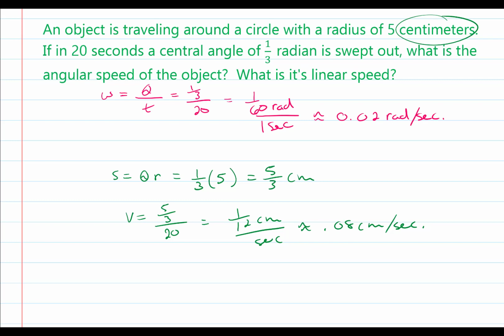I divide those and get 1/12 of a centimeter per second, and then I can divide that again to get 0.08 centimeters per second. Please read the directions very carefully and understand if the directions want you to give the exact answer, which would be 1/12 centimeter per second or 1/60th radian per second, or if they're okay with a decimal rounded to the nearest one, two, or three decimal places. All right, guys, good luck.